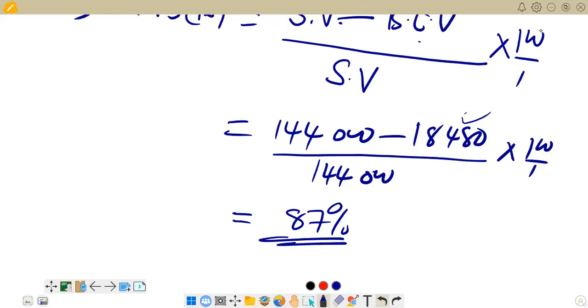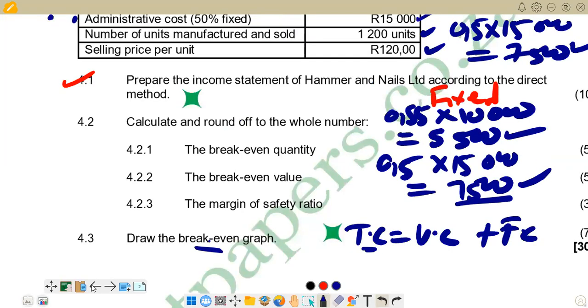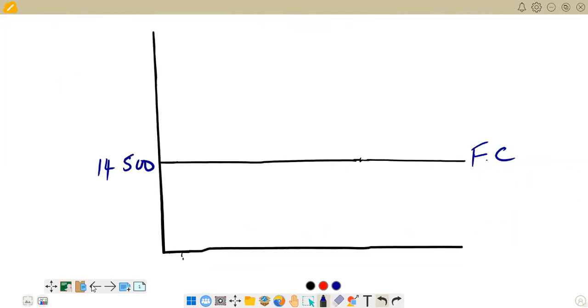Whether we are going to produce 1,000 units, our fixed cost will be the same. So you see that the fixed cost curve is going to start on top, because even if we have got 0 units, we are also going to have our fixed cost. So if you come here, where we are having our graph, remember, our fixed cost according to the question is 14,500.